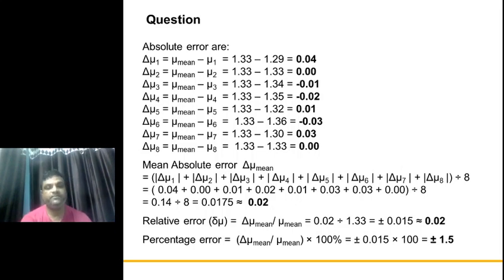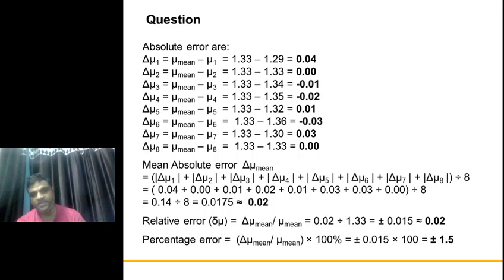Whichever way you are familiar with, you can use, but in a scientific way you take the mod of each value and add them, and then you divide by 8, and you get the mean absolute error.